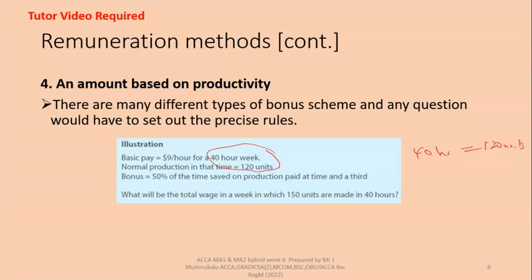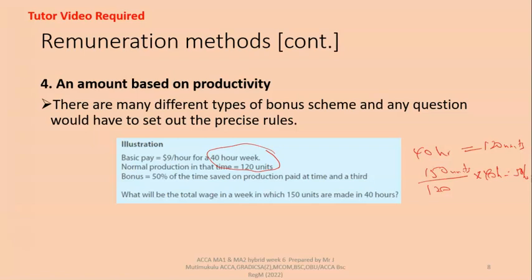So how many hours when we produce 150 units? 150 units would require 150 over 120 multiplied by 40 hours, and we get 50 hours.